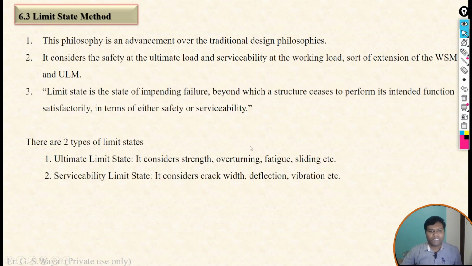Next, there are basically two types of limit states that we consider: the ultimate limit state and the serviceability limit state. In the ultimate limit state we focus on strength, overturning, fatigue, sliding, etc. In serviceability we focus on crack width, deflection, and vibration.